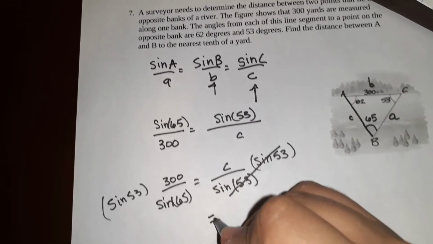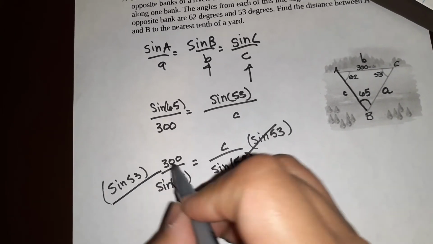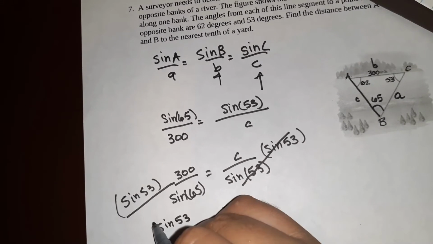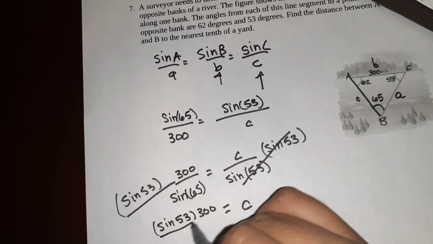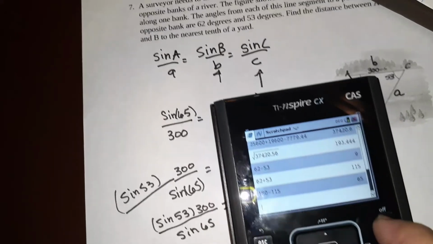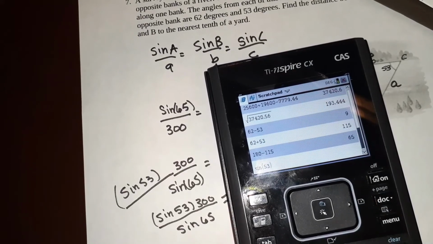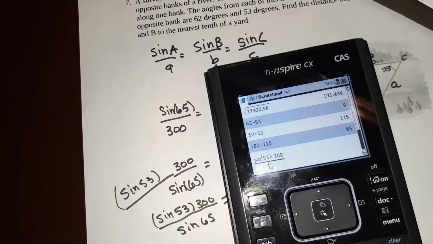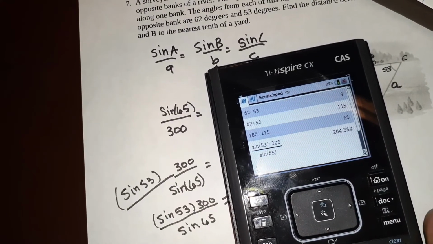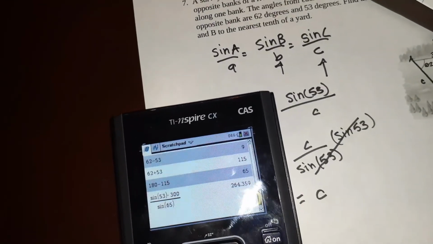So on the right, I'm left with c. And on the left, I'm left with sine of 53 times 300 over sine of 65. So if we put that in, sine of 53 times 300 divided by sine of 65, that's going to give us 264.359.